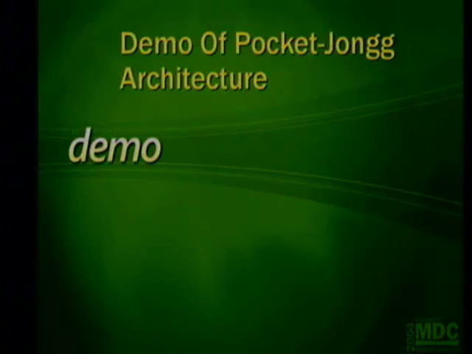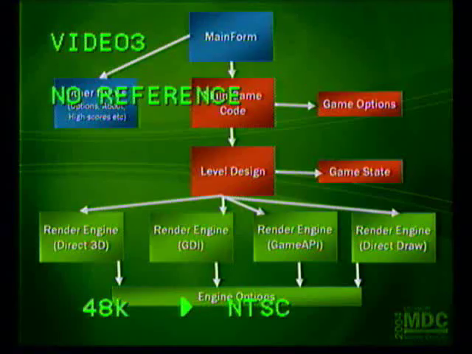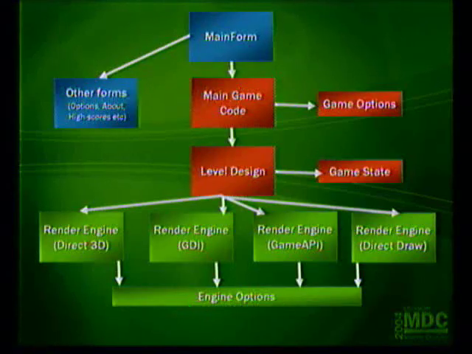So let me switch over to an architecture view of my game, that is currently shipping in a native form and will ship in a managed form very soon. The blue parts of that architecture are the platform-dependent classes. There's a main form where everything starts.